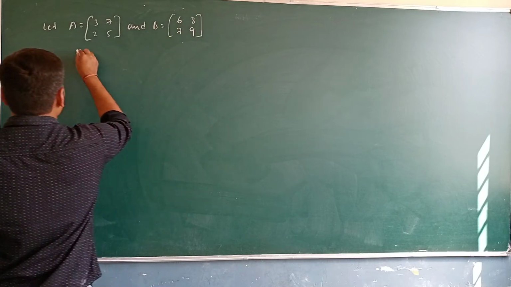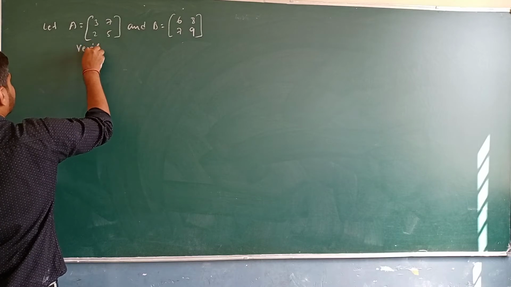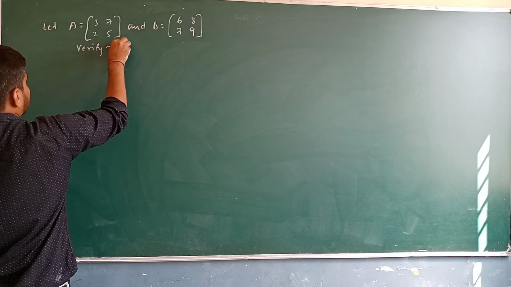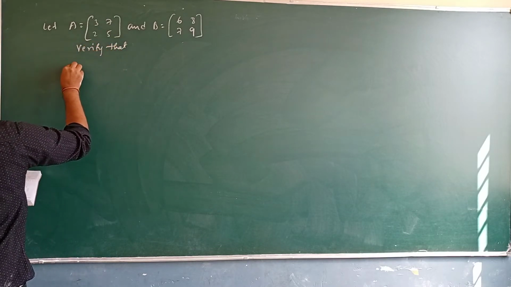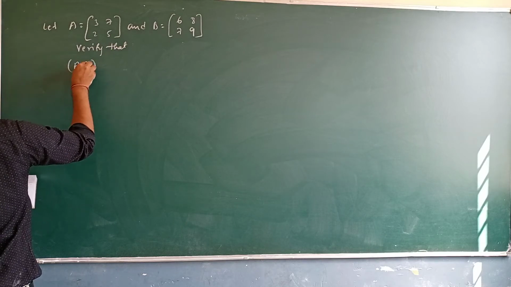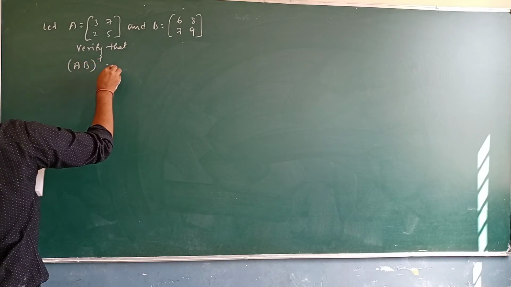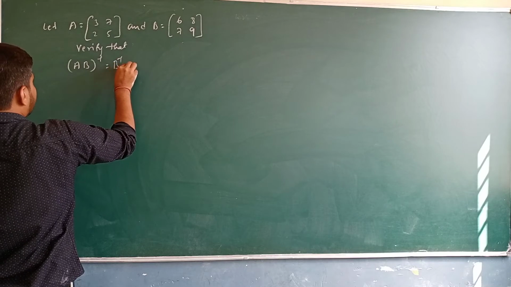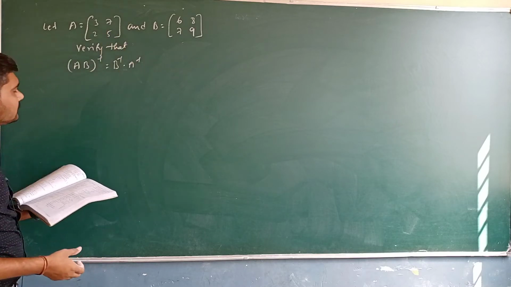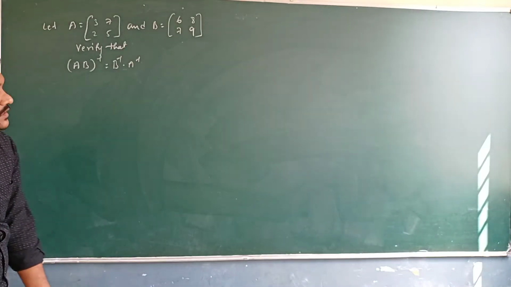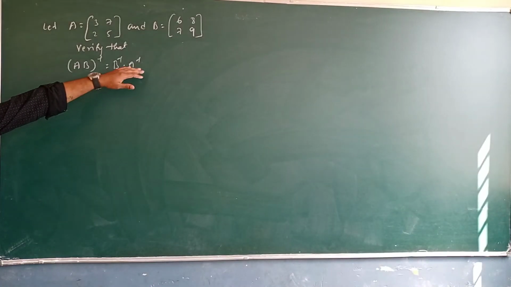Verify that the inverse of AB is equal to B inverse into A inverse. So B inverse into A inverse. It's an easy problem, but the calculation takes a long time here.